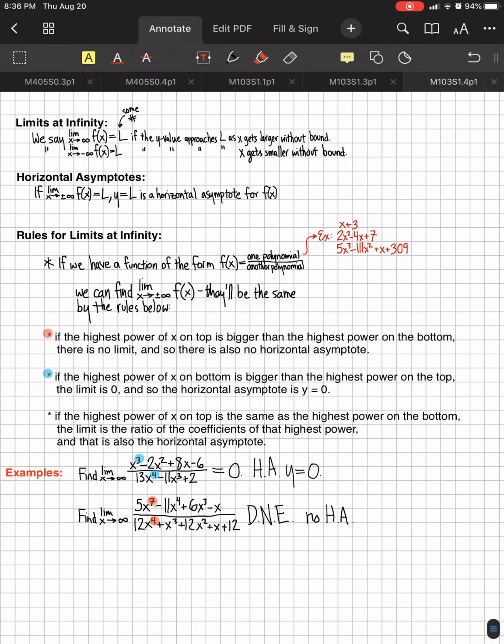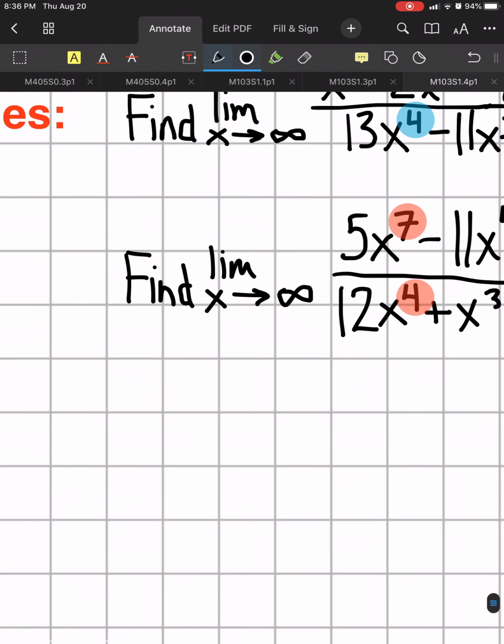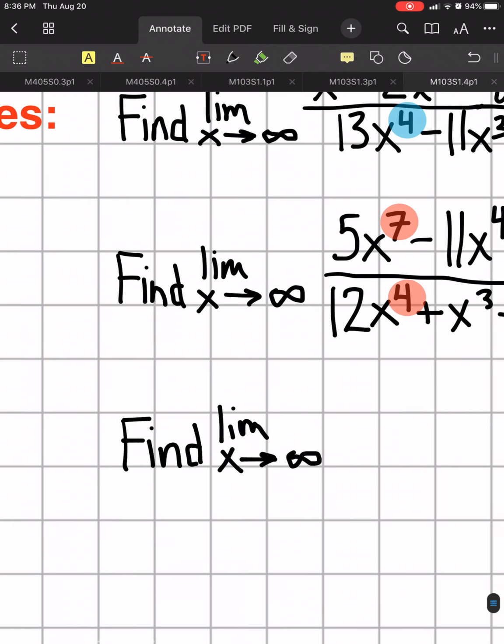Okay, so hopefully these are making sense to you still. Let's go ahead, green next. All right, let's do the last one, find the limit. Well, you can almost guess what the next situation is going to be because I've only got one left, but let's go ahead and do it.